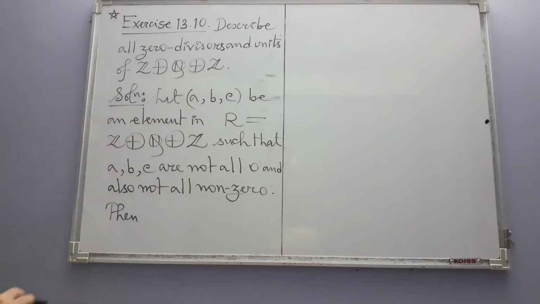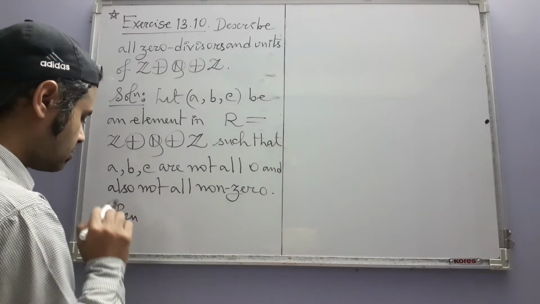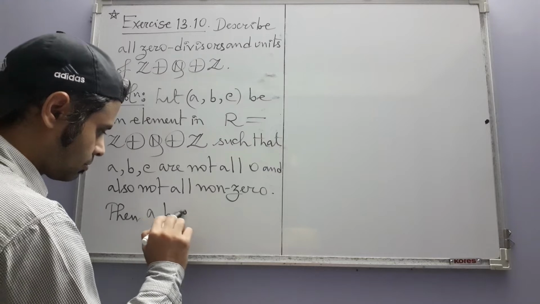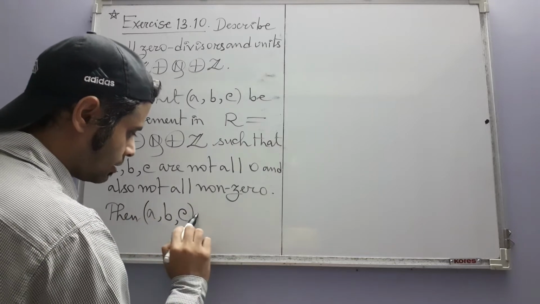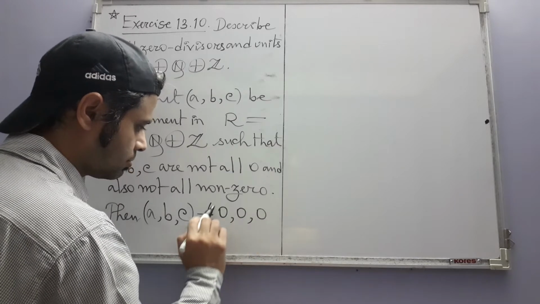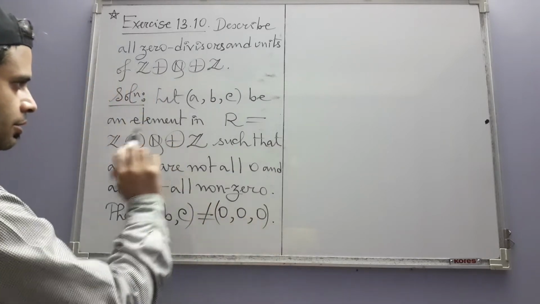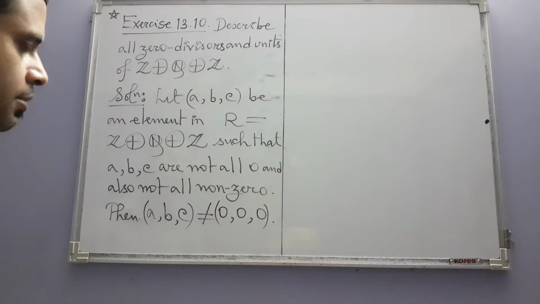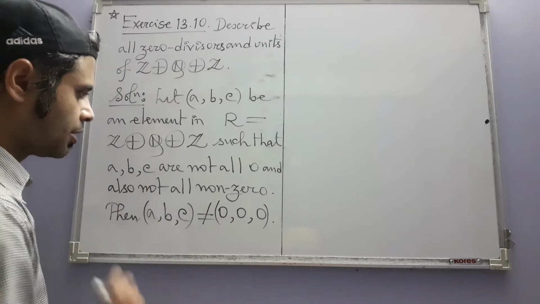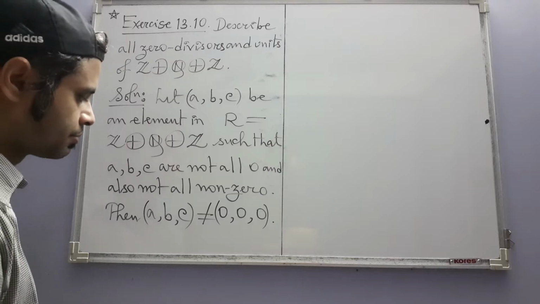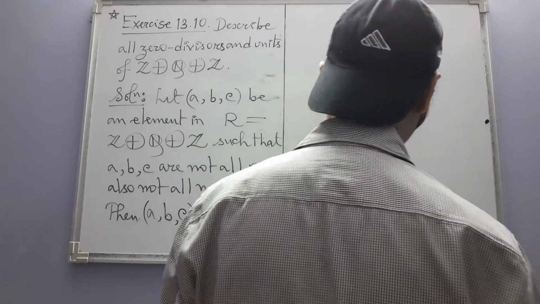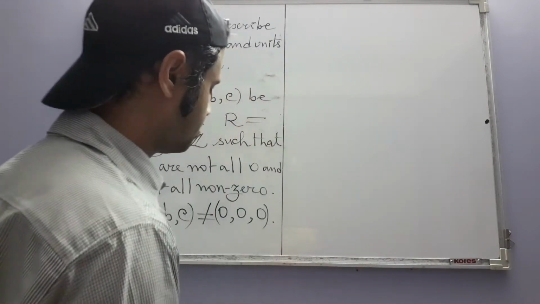But before that, these things imply that this triple is not equal to the zero triple, the zero element of this ring R, simply because all the components are not simultaneously zero.